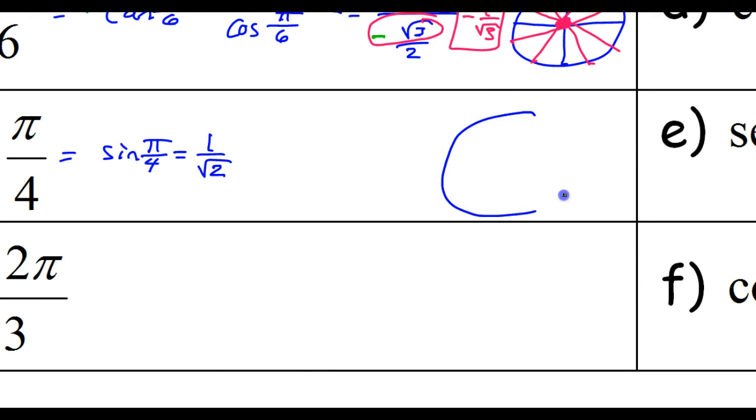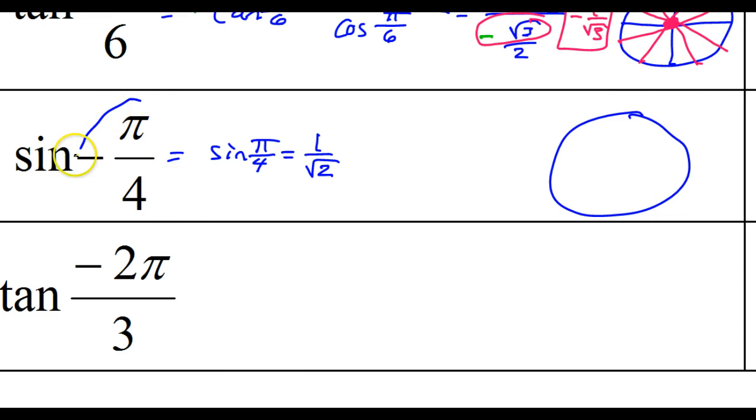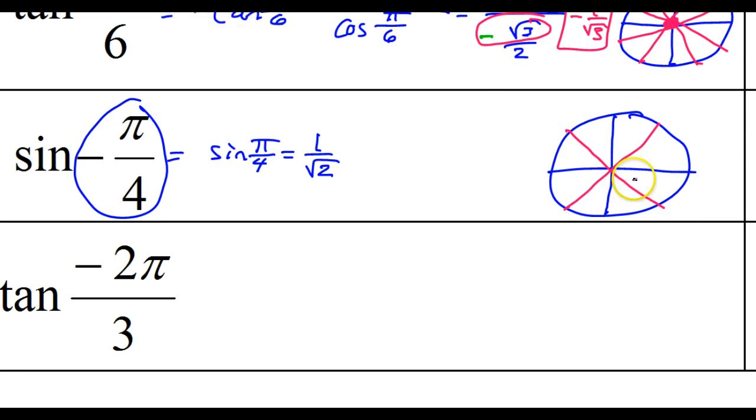So here's my unit circle again. I'm drawing a picture of negative pi over 4 right now. So here we are, and here's pi over 4 happening. These are pi over 4s. So I'm supposed to go negative pi over 4. Negative pi over 4 is clockwise, so it's going to be right here.